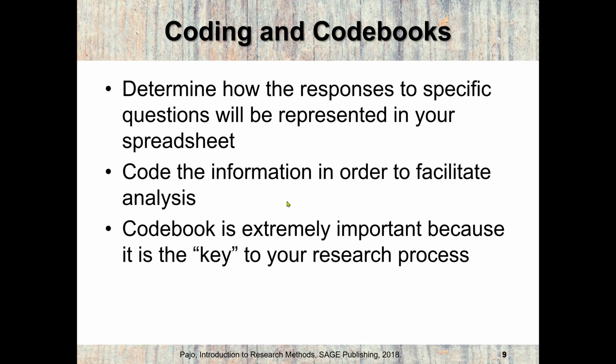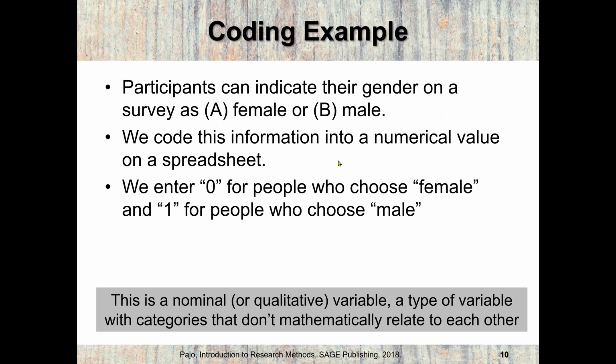A code book is extremely important because it is the key to your research process. And all this coding, we have to record it, so that if further researchers are going through your data, they will understand what each field represents.